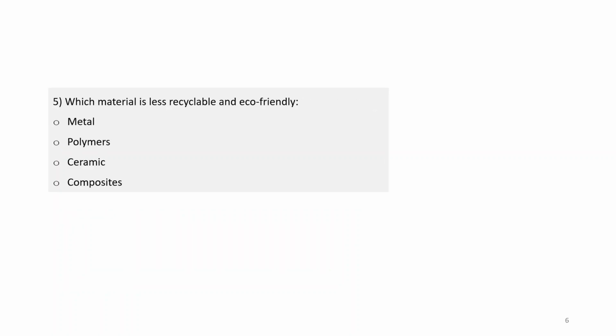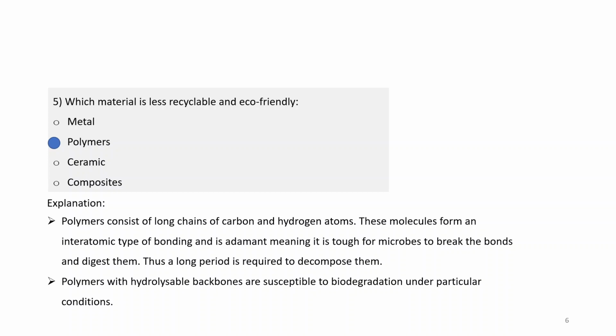Now, which material is less recyclable and eco-friendly? Your options are metal, polymers, ceramic or composites. Answer will be polymers. Polymers consist of long chains of carbon and hydrogen atoms, and these molecules form strong bonding, meaning it is tough for microbes to break the bonds and digest them.